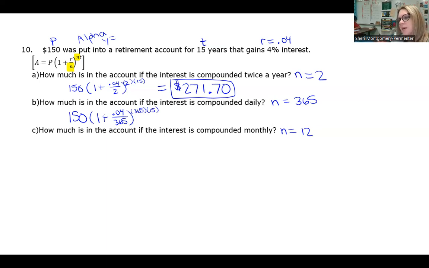I like to write everything out and then type things in the calculator. And if you're doing these correctly, they're all going to be pretty similar in the amounts that you get.